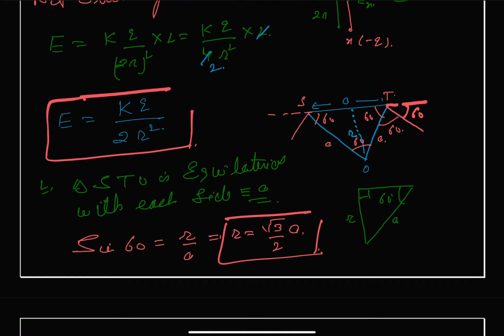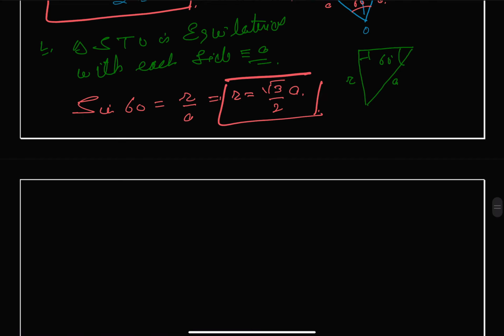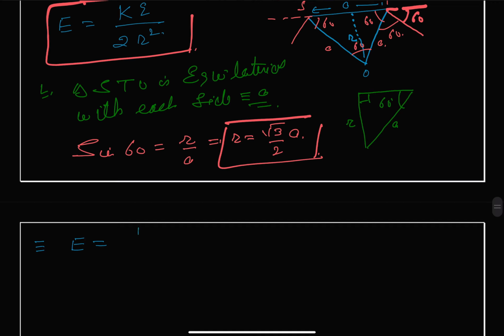Therefore, we can say that our net electric field E will be equal to, K is 1 upon 4 pi epsilon naught, this comes as Q divided by 2 multiplied by 1 upon R square, and R square comes as 3A square divided by 4. This 4 goes by 4, and this comes as Q upon 6 pi epsilon naught A square.